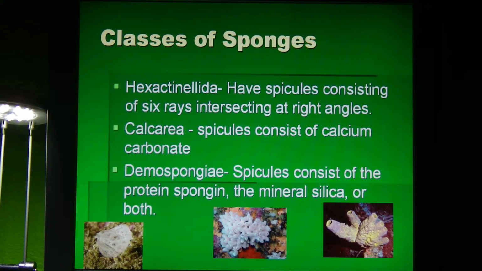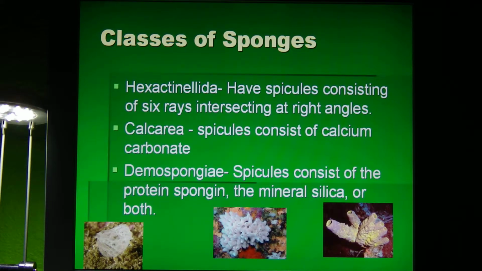Some classes of sponges are the Hexactinellida, and what's special about them is they have spicules, which are like the skeleton of the sponge, consisting of 6 rays intersecting at right angles. So it kind of looks like a toy jack. And then the Calcarea, what's special about that, it has spicules consisting of calcium carbonate.